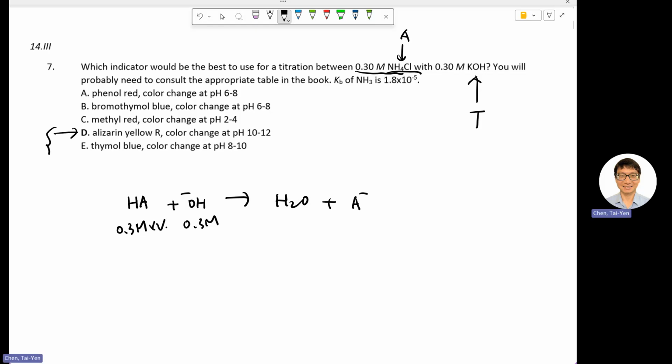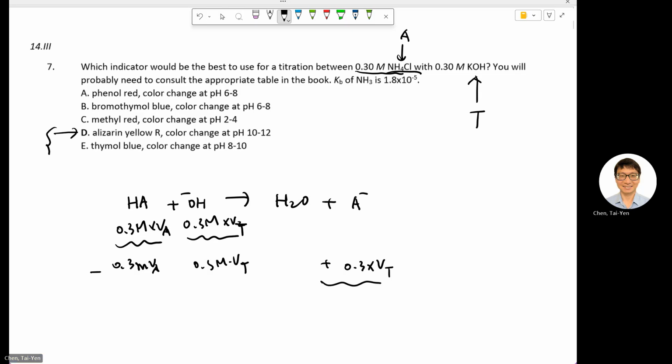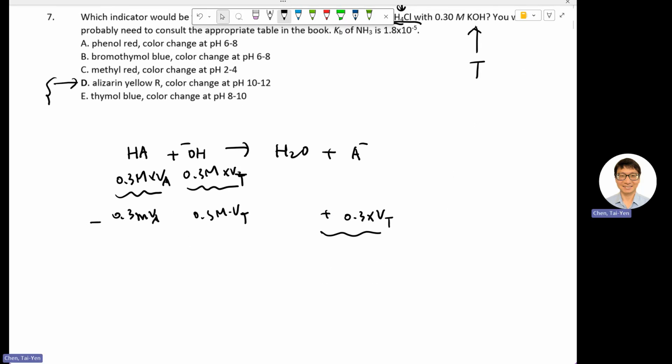Okay. So what it means is when these two kill each other, let's say you have volume V, that's how much of titrant and analyte that you have. They are going to consume each other, and you're going to produce that much of A minus.